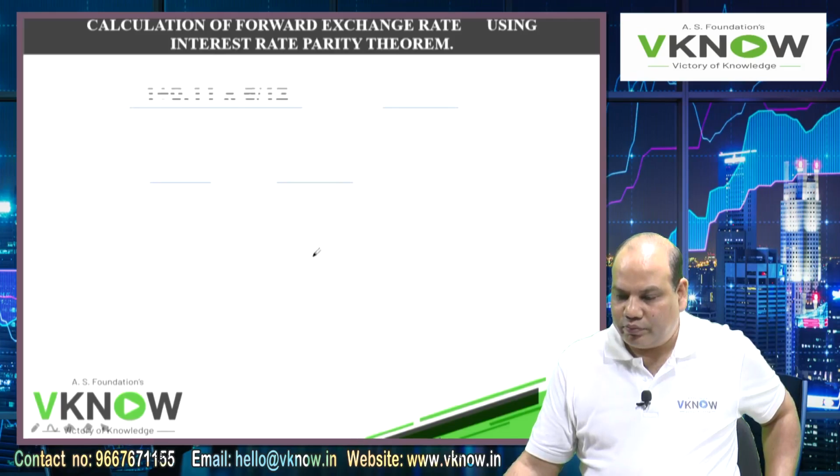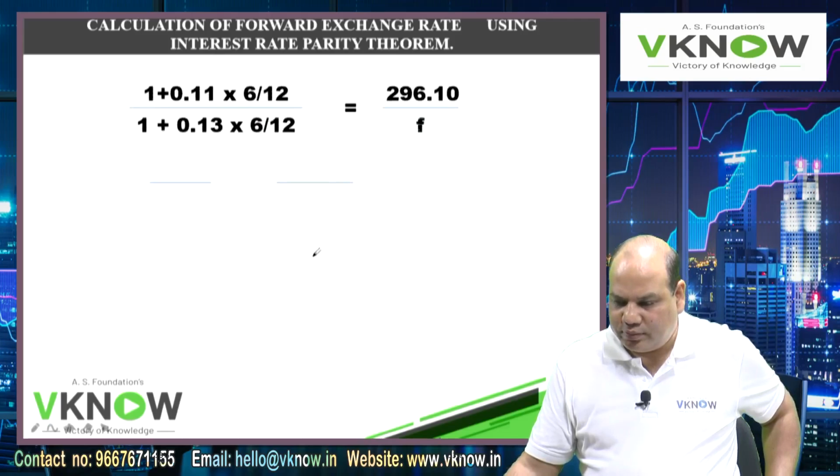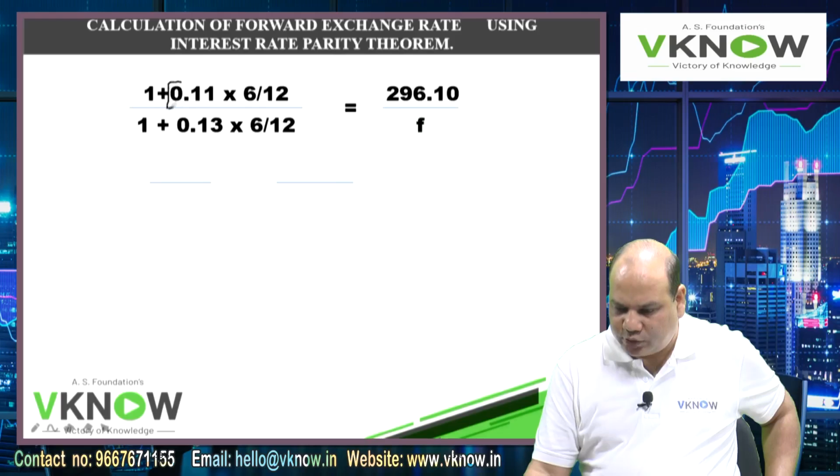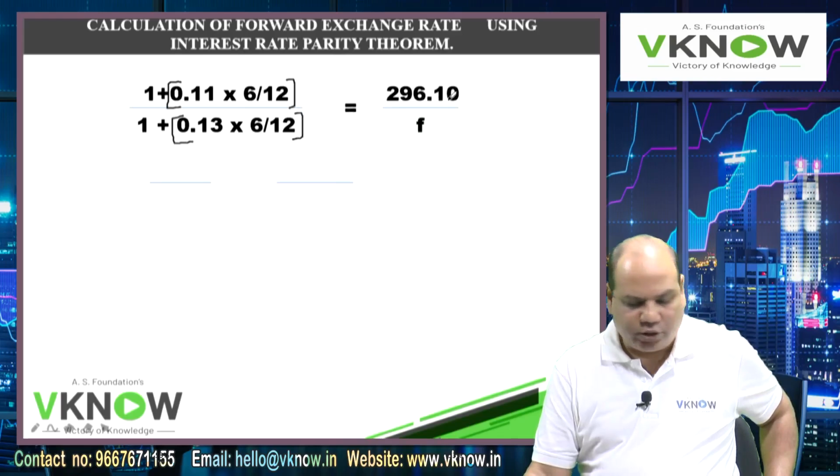Write down below the equation 1 plus... Since it is a problem of 6 months, I will multiply interest rate by 6 by 12. 1 plus in bracket 0.11 into 6 by 12 upon 1 plus 0.13 into 6 by 12 is equal to 296.10 upon F. And what is missing here?